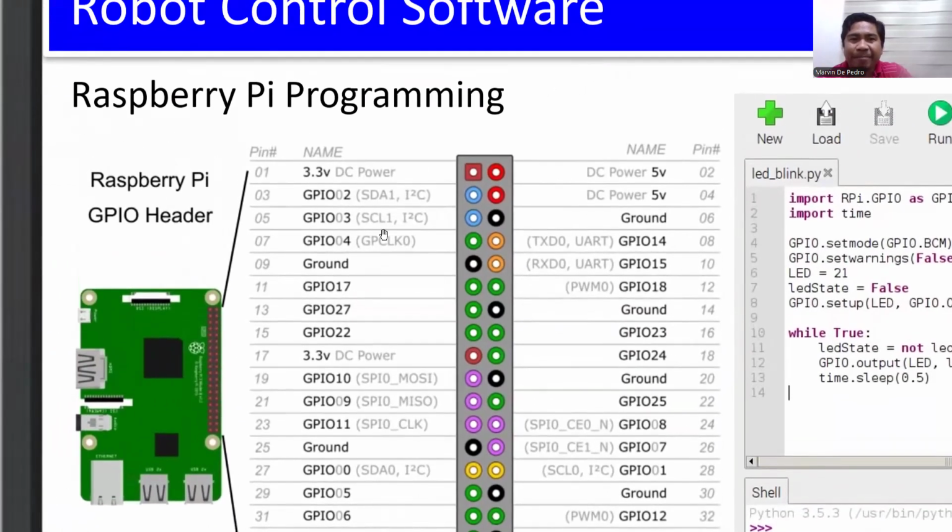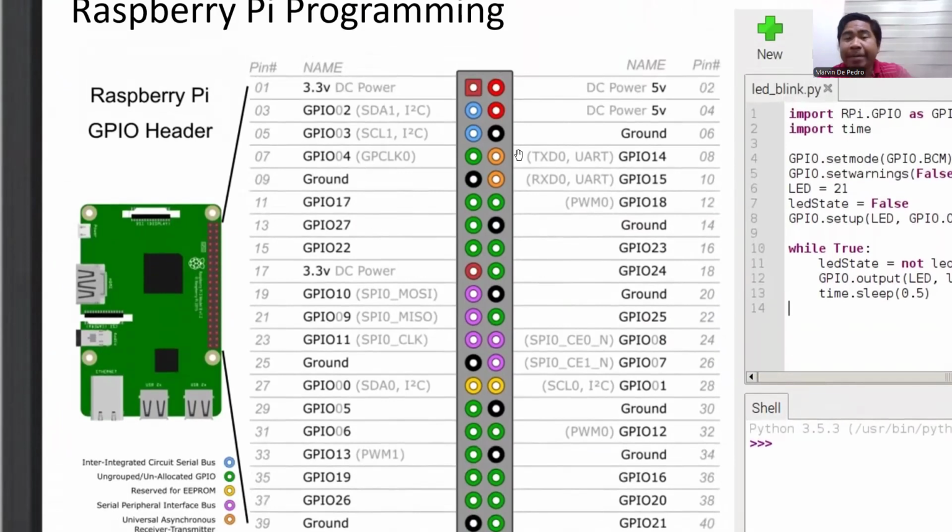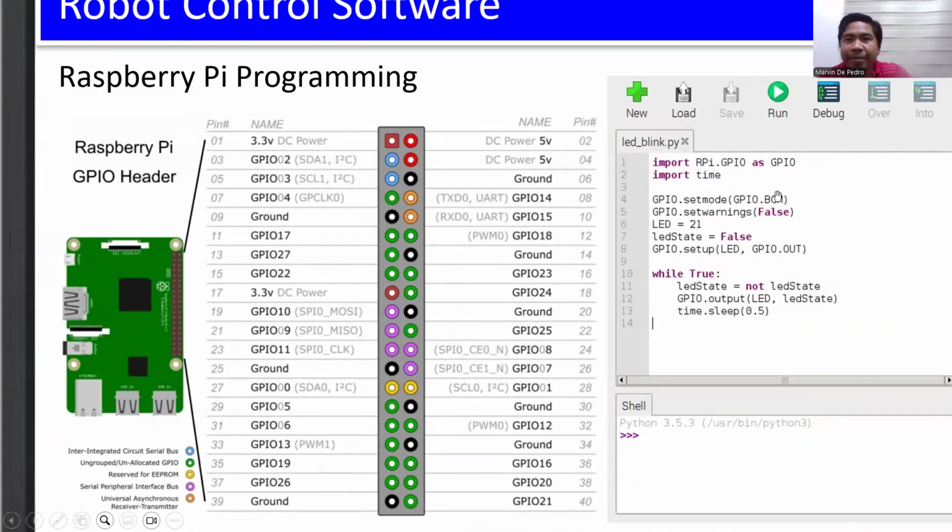In this case, this is the pinout of our GPIO for Raspberry Pi, and normally we set that as either GPIO or BCM here.